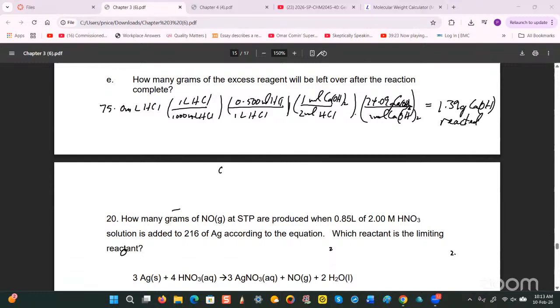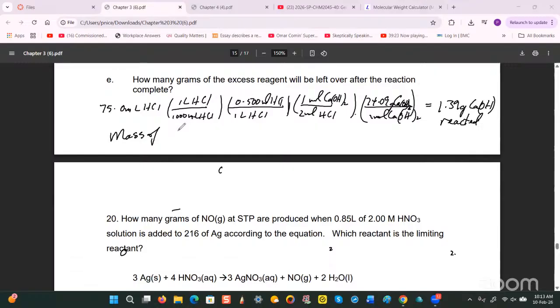The question is asking how much of it could be left over. So what was the original mass of the calcium hydroxide? It's 15.0 grams, sorry, I added an extra 0.